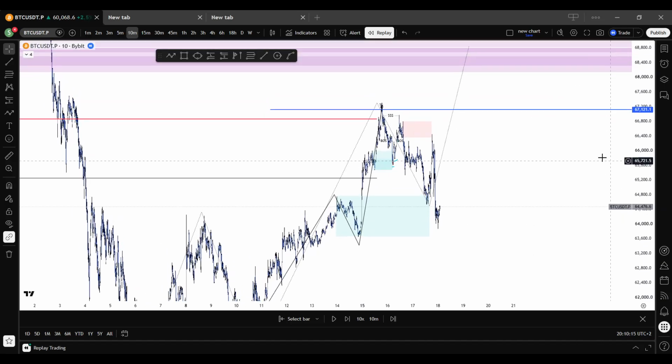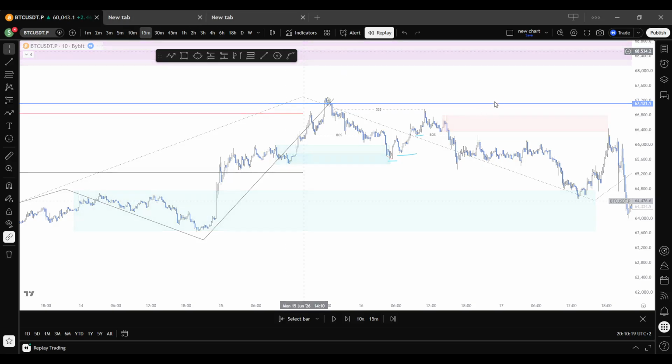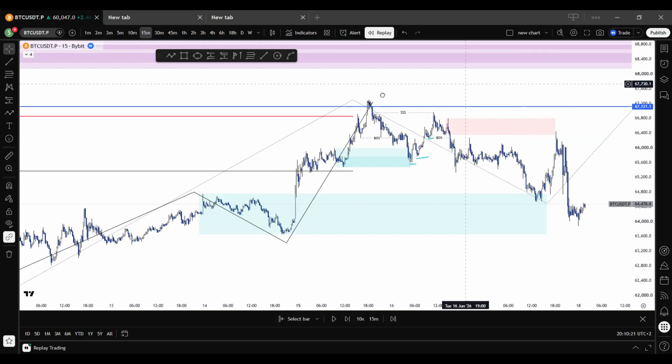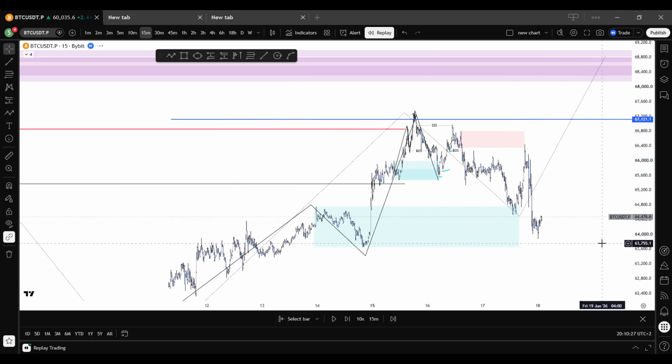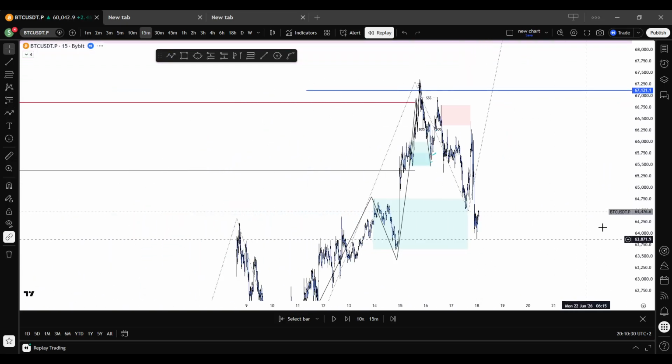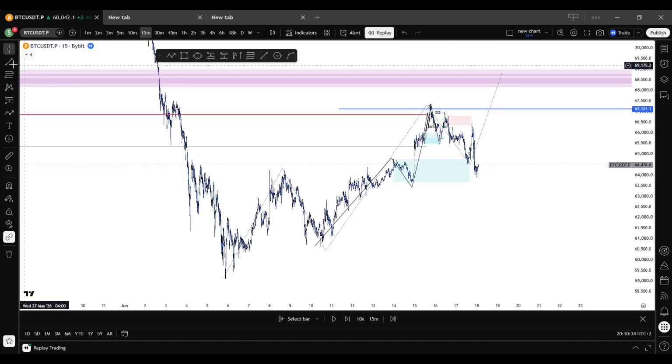Let's do it. To be honest, I don't even care how it looks. I just want to go over the important stuff. And then we had our even more refined structure. And basically, to confirm this move to the upside, we have to break our low time frame structure back to bullish.